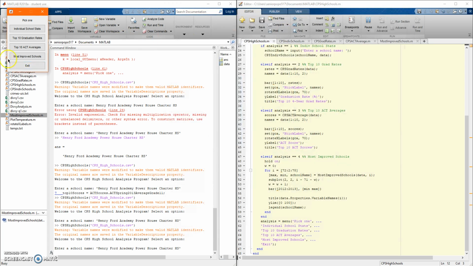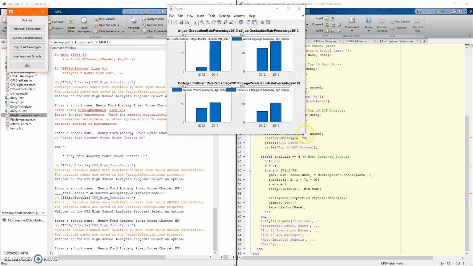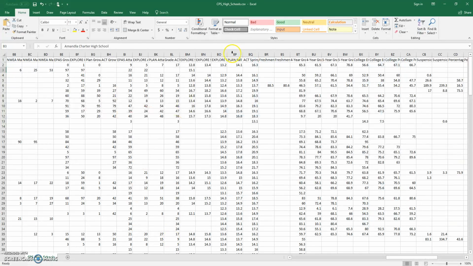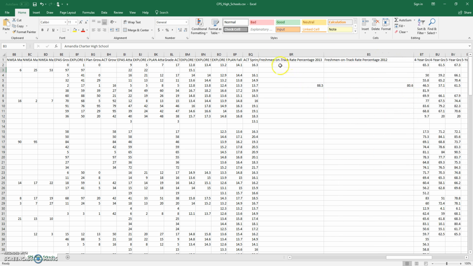And our final section shows the most improved schools in 4 different categories: the 4-year graduation rates, 5-year graduation rates, college enrollment rates, and college persistence rates. So if we look at the data, we find that from these 8 columns, it's broken up into 2 years for each section.